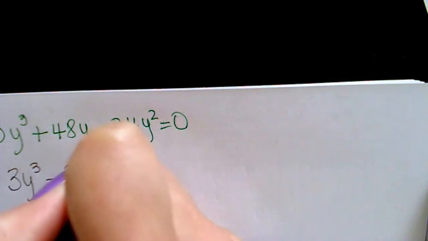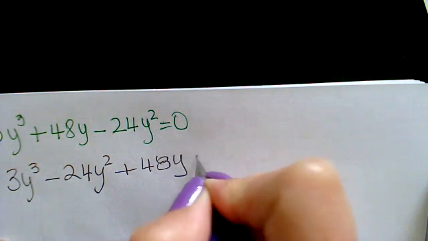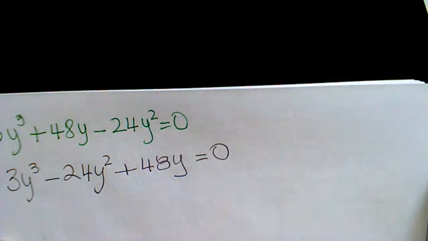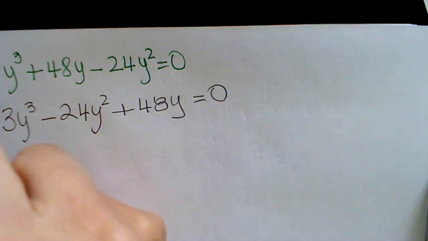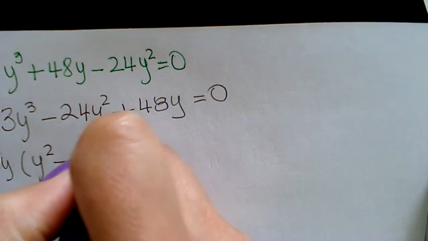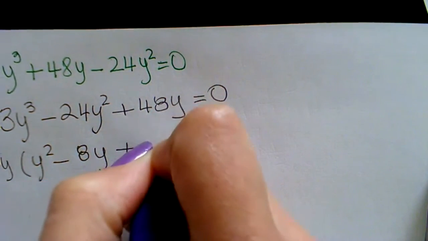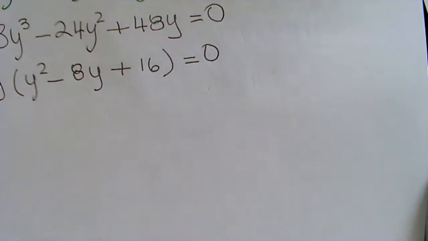We always want it in descending order, all right? So this is to the third, to the second, and to the first power. Now we're gonna get the greatest common factor out, which is 3y. So this is y squared, this is 8y, and then this one is 16, equal to 0.